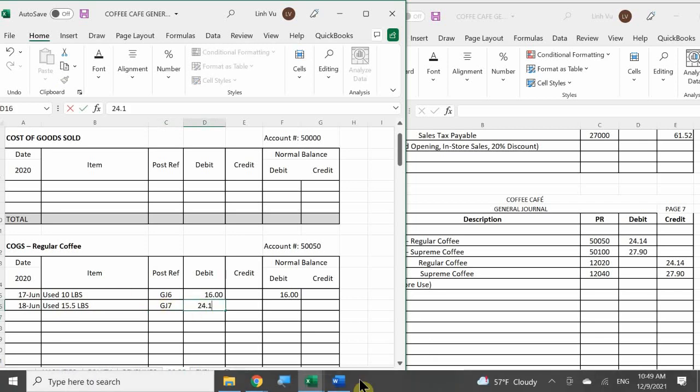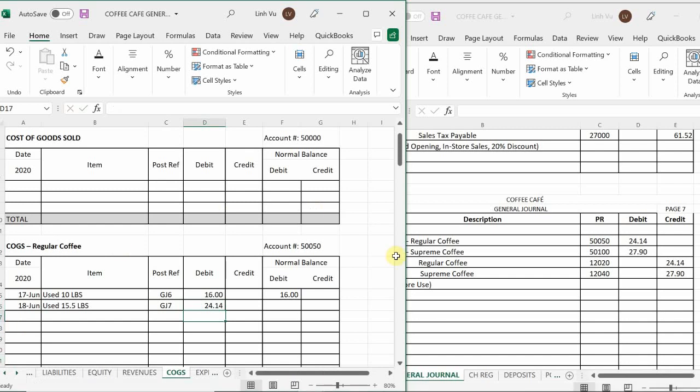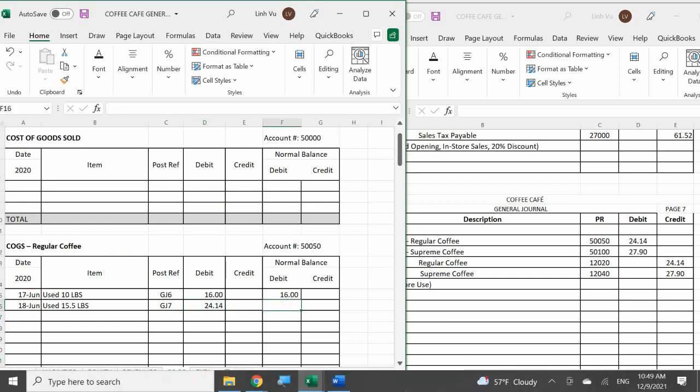For $24.14. So my account balance in my cost of goods sold for my regular coffee is going to be 40.14.